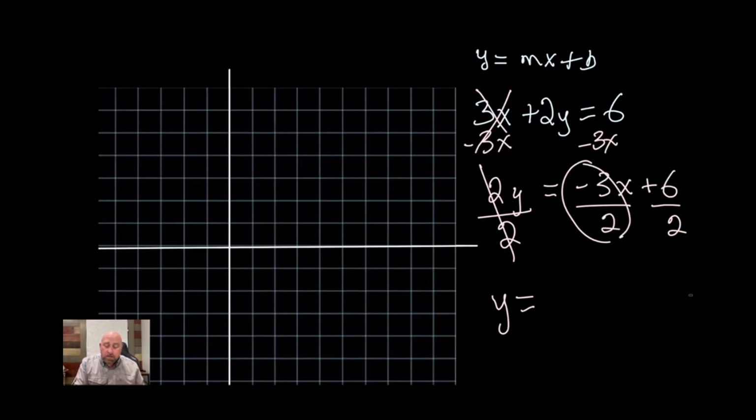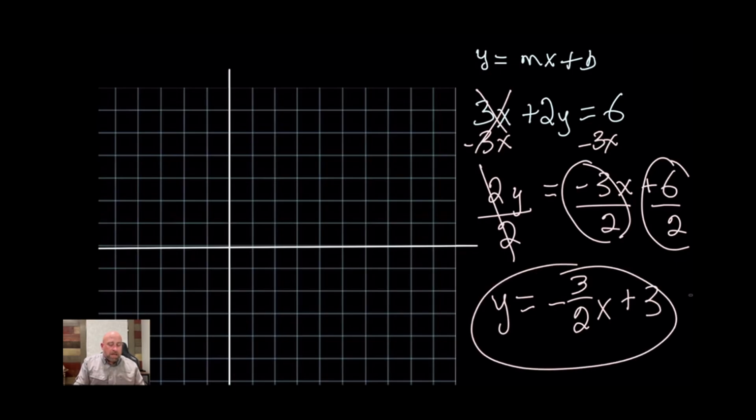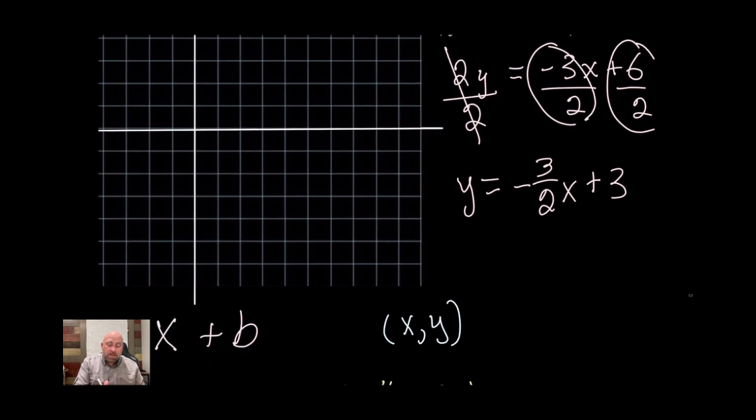Well, this I can't really do anything with, so I'm just going to keep it. And then I can reduce this. So 6 divided by 2 is 3. All right, so here is my slope-intercept form: y equals negative 3 over 2x plus 3. So what is our m and b?